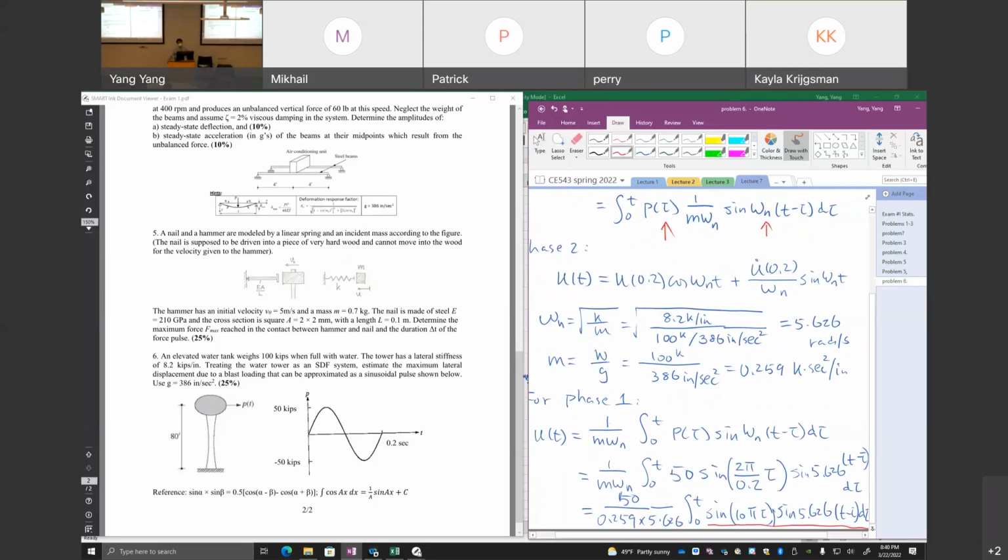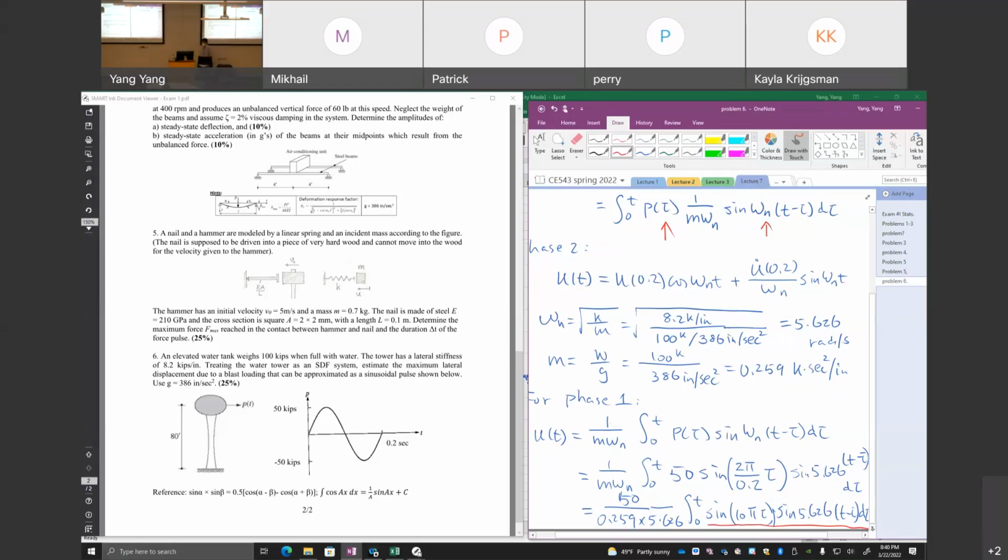In order to do the integration, you have to use the reference that I gave you, so that you can write the displacement in terms of t. The tau will be canceled out after we do the integration from 0 to t.